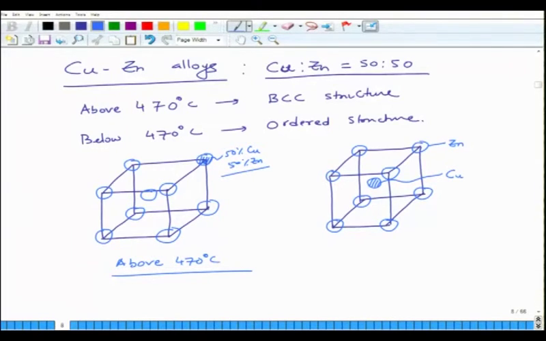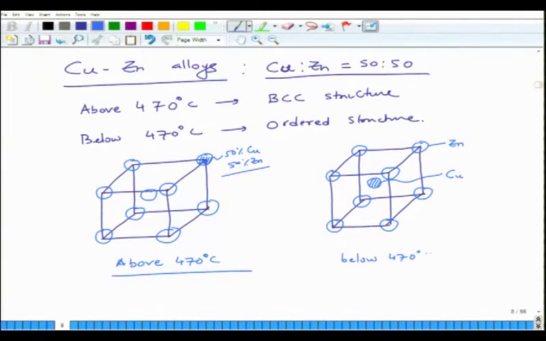Here it's here, so you can see that copper makes one sublattice, zinc makes another sublattice, and both of these sublattices are cubic in nature, primitive cubic in nature. So, these are two interpenetrating cubic lattices of copper and zinc into each other, which are very ordered. So, this is below 470 degree centigrade.